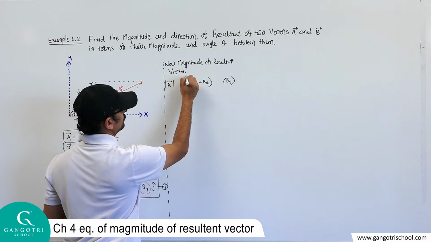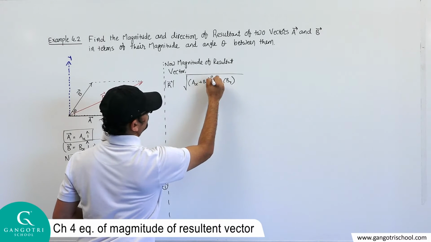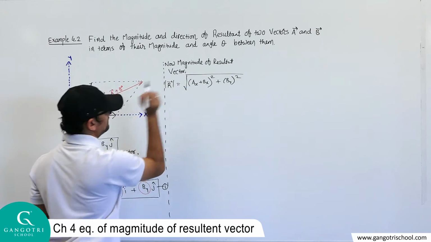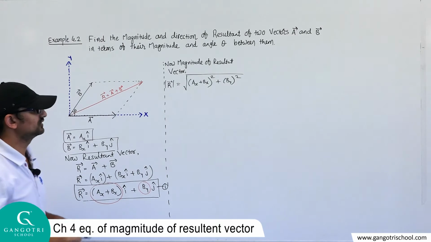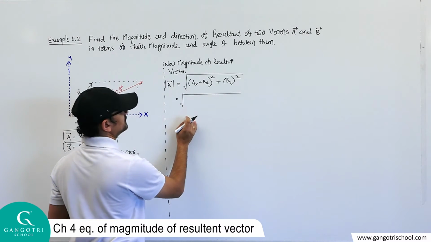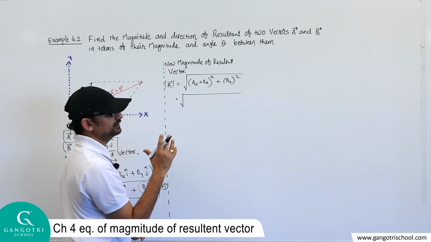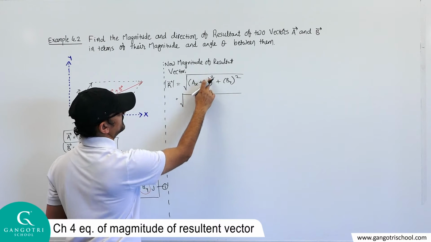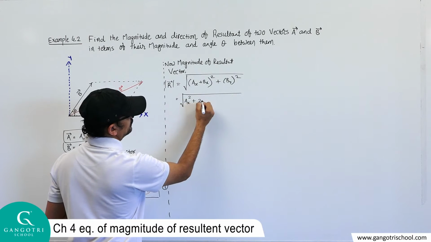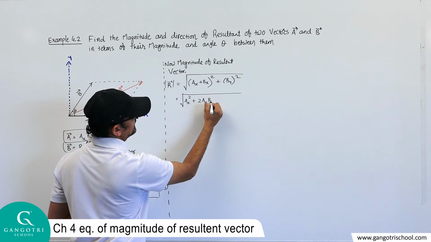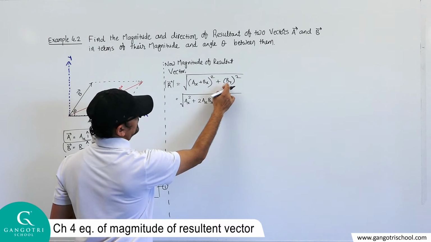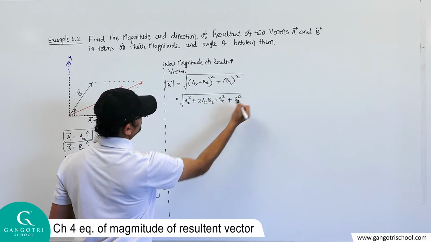Now according to the rule, the square root of the sum of the squares of the components gives the magnitude of any vector. So let's simplify. Square root of (ax plus bx) all squared, according to that concept, (ax plus bx) squared means ax squared plus 2 ax bx plus bx squared, plus the last term is by squared.